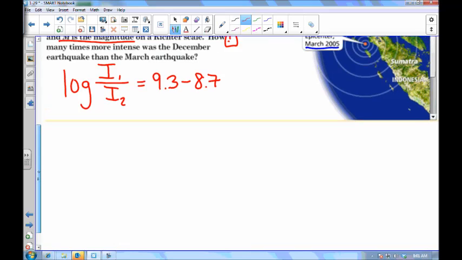Okay, so we're going to use our log knowledge to solve. We did this at the beginning of class when we were reviewing our homework from last time. We will need to solve this. So what do you think we would need to do first to solve for the intensities? You see anything there we can do? Yeah, we can do the subtraction. 9.3 minus 8.7.